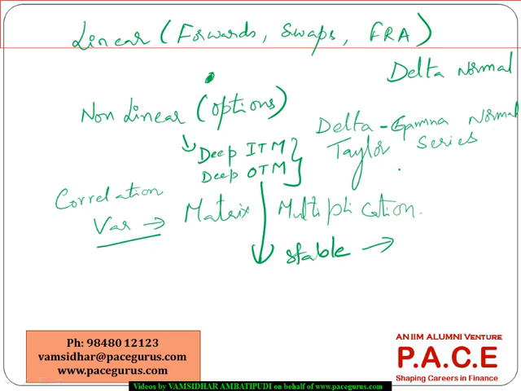You may have to go with a delta gamma method to compute the overall portfolio VAR if there are options in the portfolio, using Taylor series approximation, where non-linear, second degree expressions are typically used.